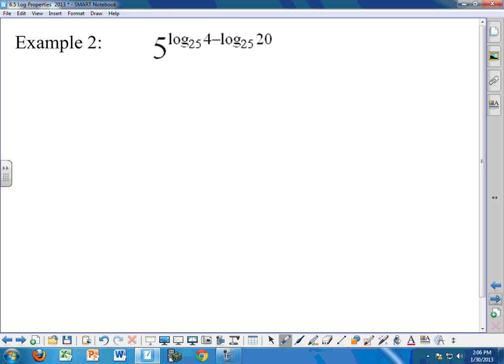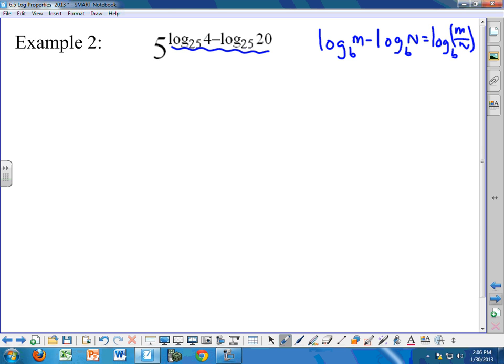The second one looks like this, where we have 5 and a power that's quite ugly. However, the power here has two things that are kind of neat about it. First of all, it is the same base logarithm, and secondly, it is a subtraction. So we recall that log base b of m minus log base b of n is equal to log base b of m over n.